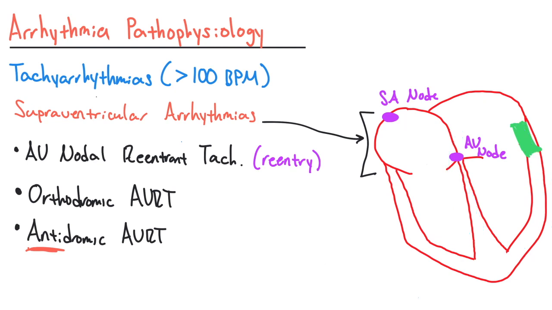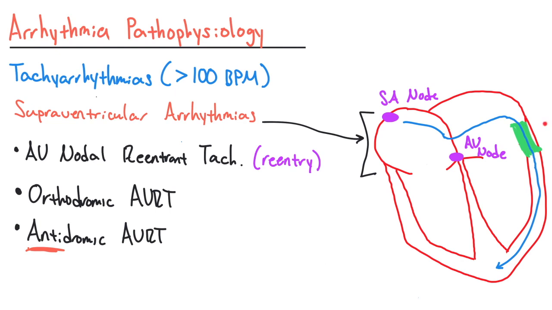Our antidromic AVRT is going to have the opposite cycle of the orthodromic. Instead of coming from the SA node and going to the AV node, the signal first, for some reason, whether this be due to an AV node block or slowed conduction through it, chooses not to go through the AV node. As it will have less resistance, it'll come down this abnormal circuitry and depolarize the ventricles.